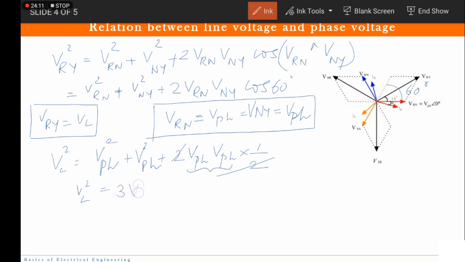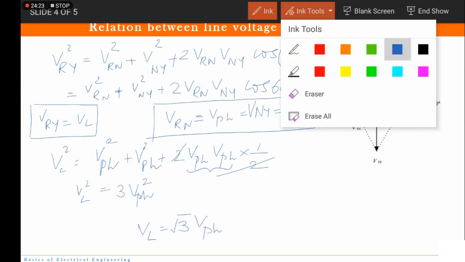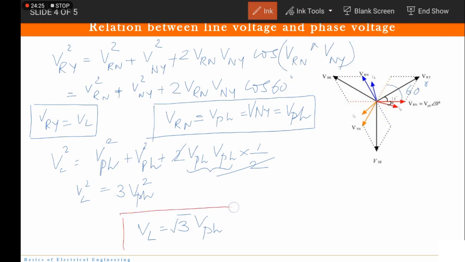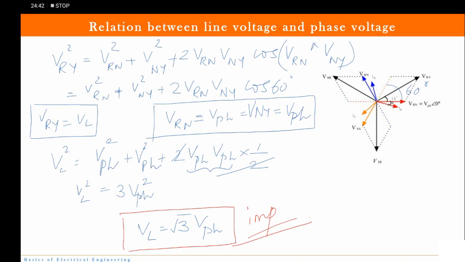So we have 3 VPH square. So what is the line voltage? After taking the square root of this, we get line voltage is root 3 times the phase voltage. Please remember this. This is a very important equation. In star connection, the line voltage is root 3 times the phase voltage. Okay, this is very important.